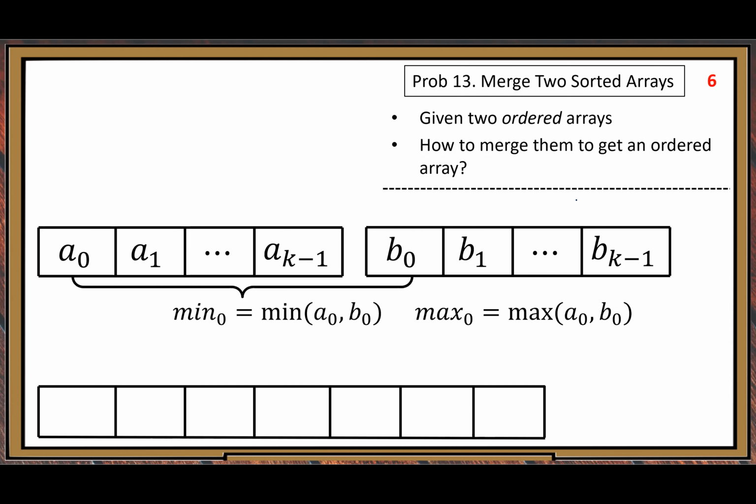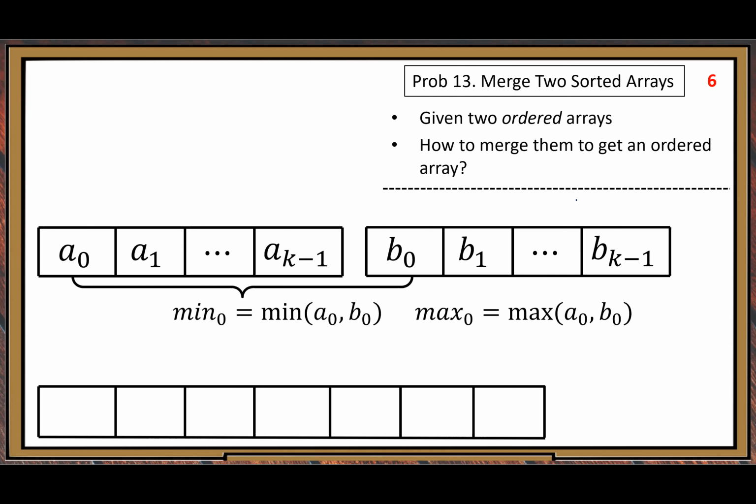All right, so let us arrange sufficient empty locations for the final ordered array. These empty boxes are the locations for all the elements in our destination ordered array.